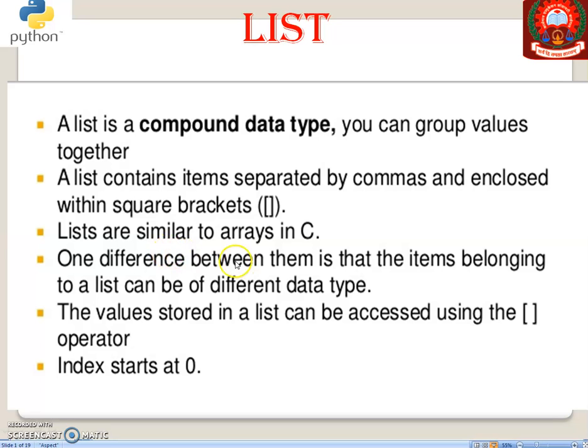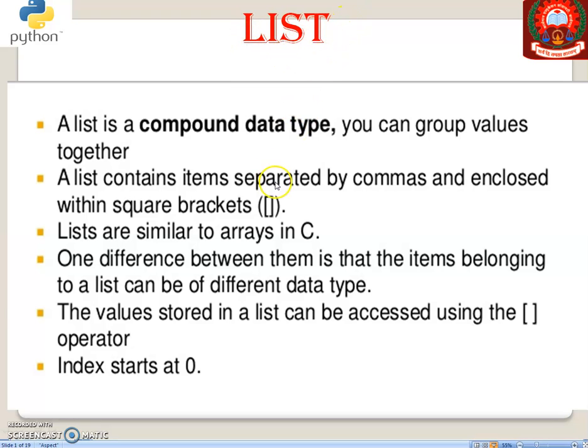One difference between them is that the atoms belonging to a list can be of different data types. Are you getting it? As far as the exam or viva point of view, they may ask what is the difference between an array in C and a Python list.